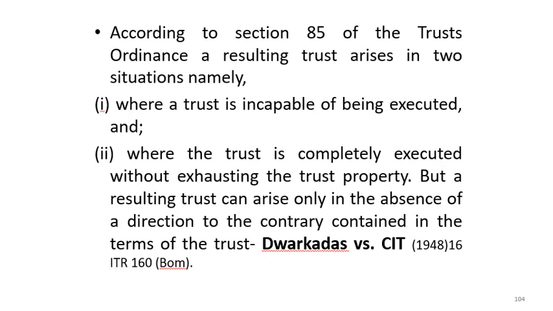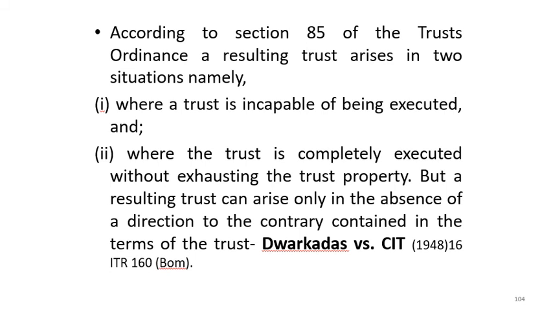That's clear. Then according to section 85 of the Trusts Ordinance, a resulting trust arises in two situations, namely where a trust is incapable of being executed, and second, where the trust is completely executed but without exhausting the trust property. But a resulting trust can arise only in the absence of a direction to the contrary contained in the terms of the trust.